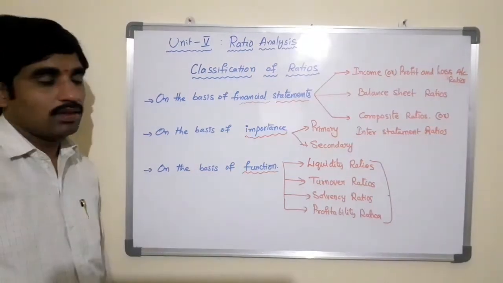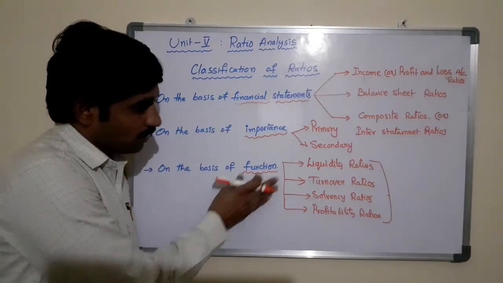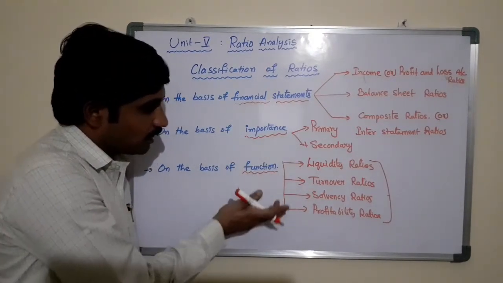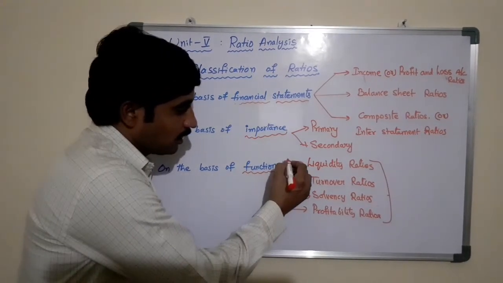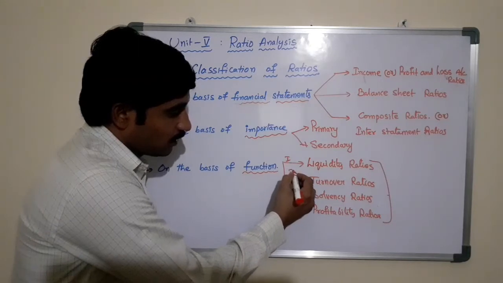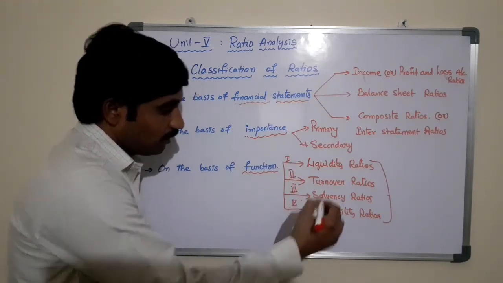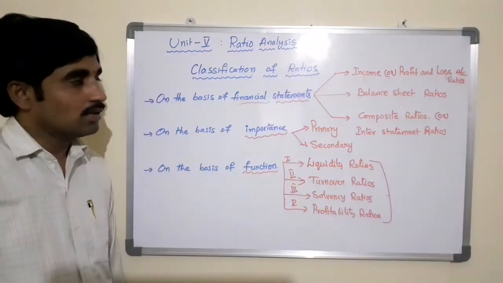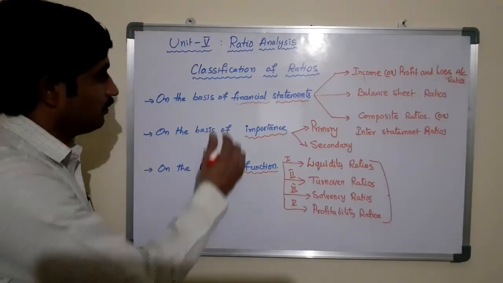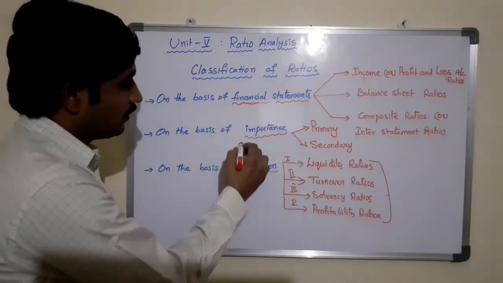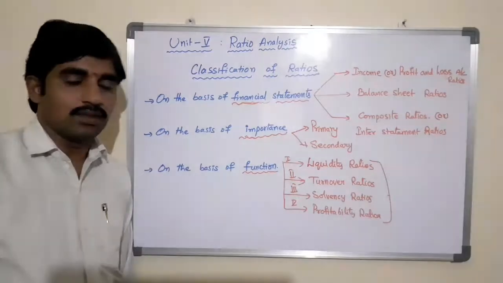In this class we are going to discuss in depth all these ratios, which are classified on the basis of function, such as liquidity ratios, turnover ratios, solvency ratios, and profitability ratios. So this is about the classification of ratios based on financial statements, based on importance, and also based on function.